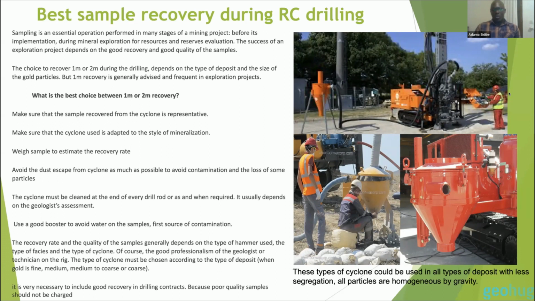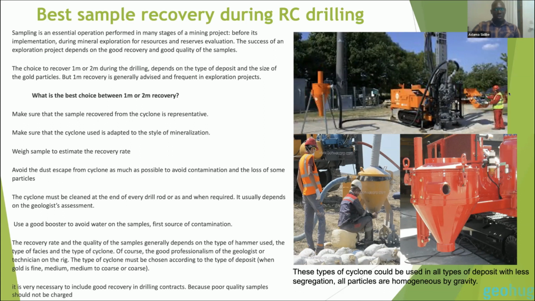The type of cyclone must be chosen according to the type of deposit, when gold is fine, medium to coarse, or coarse. Here on this image, we have 3 types of cyclone. On the right part, this type of cyclone will be used in all types of deposits with less segregation.